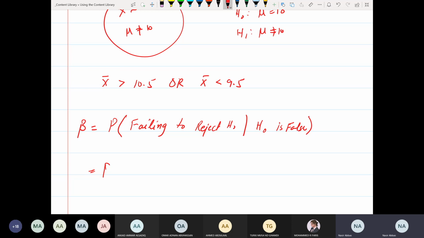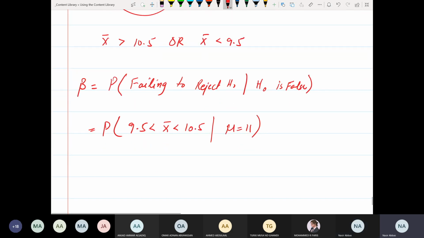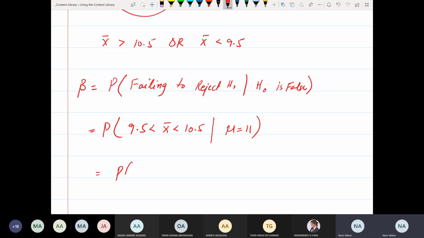When will you fail to reject H naught? When X bar is between 9.5 and 10.5. In that case, you will accept H naught. If it is outside, you will reject. Given mu is 11, now your H naught is false, so you standardize according to the new mean. When you standardize, it will be 9.5 minus 11 divided by 2 over square root of 5, that is X bar minus mu1 divided by sigma over root n.